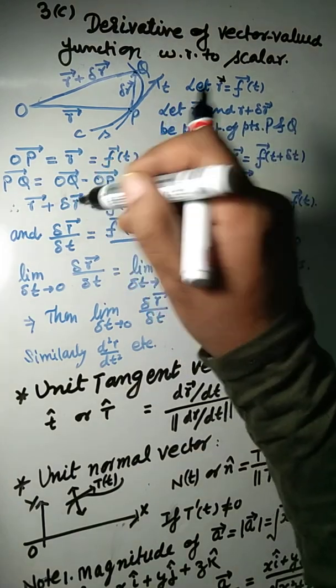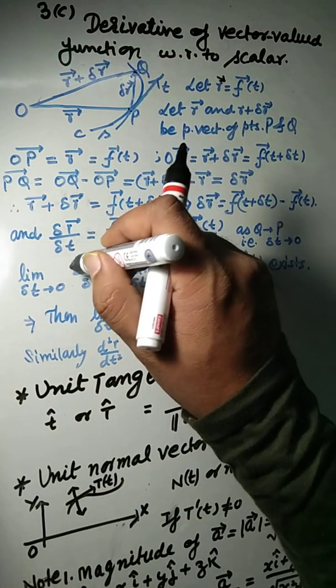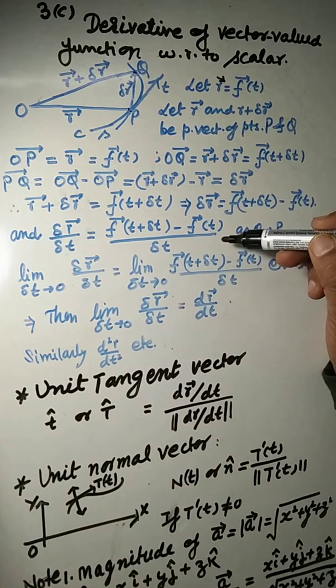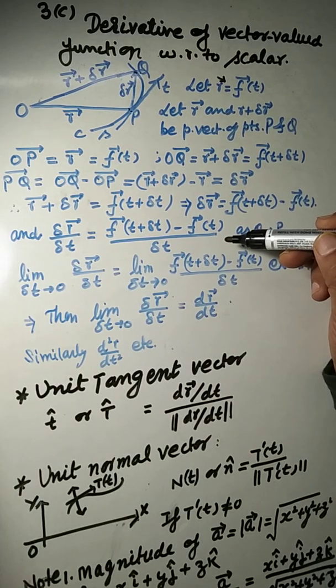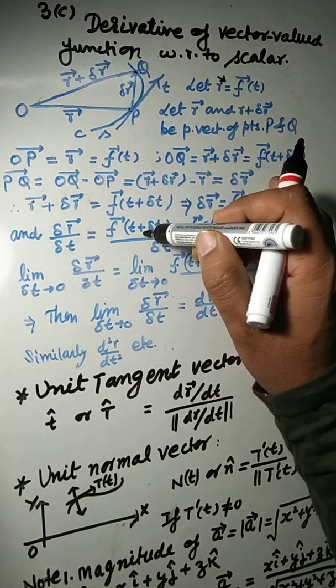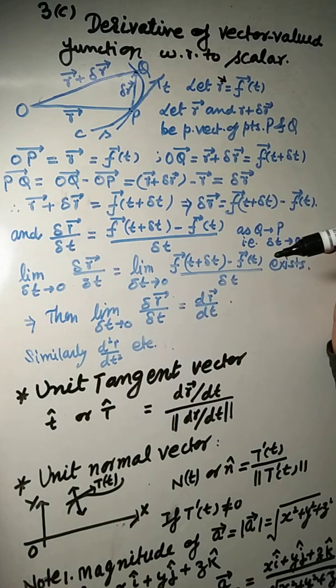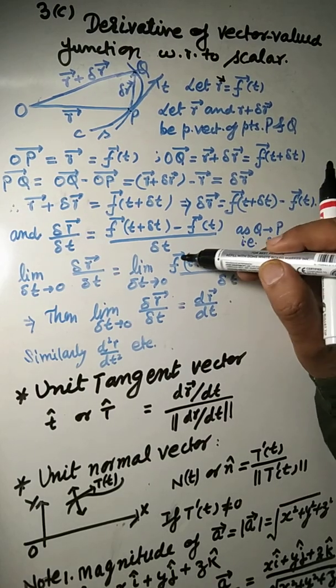Therefore, R plus delta R gives this one, and delta R upon delta T gives us the vector function f(t plus delta t) minus f(t) upon delta t.